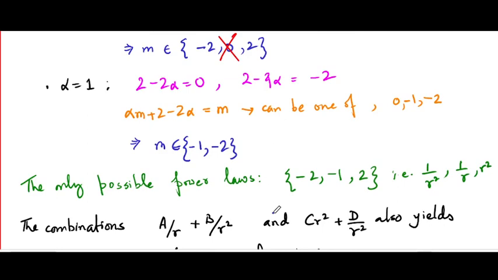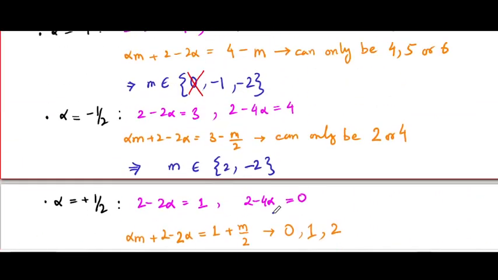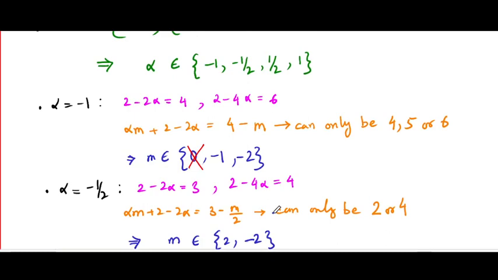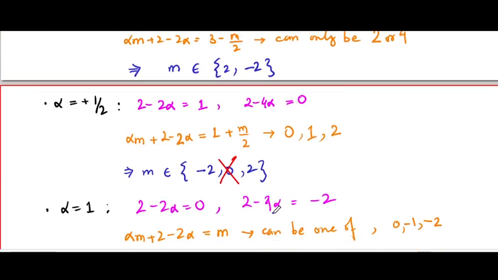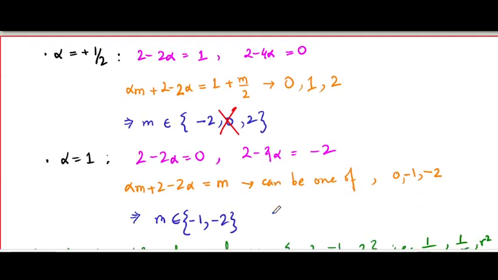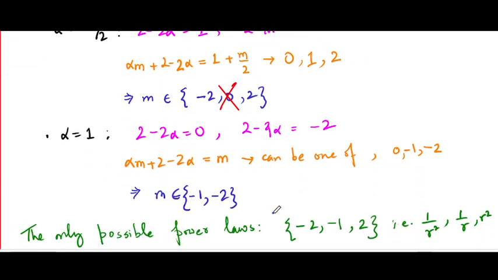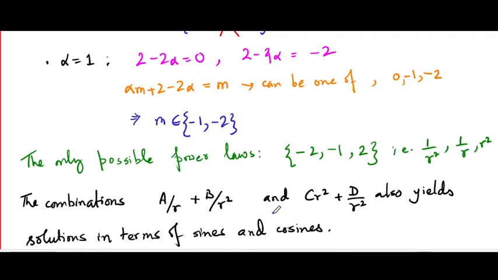Now, notice that in each of these sets, m can be minus 1 minus 2, or 2 minus 2, the same again, or minus 1 minus 2. You basically have minus 2 and one more. Which means that if you take the combinations a by r plus b by r square, that is the minus 1 and minus 2 together, and carry out the integral directly with v equals r to the power 1, you would be able to evaluate the answer in sines and cosines.